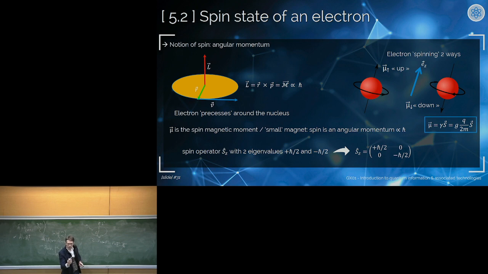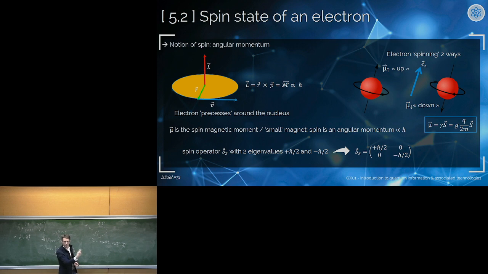But then the electron itself can precess, can spin along as it goes around the nucleus. So again, like the Earth is rotating night and day along the Earth axis as it's going around the Sun.